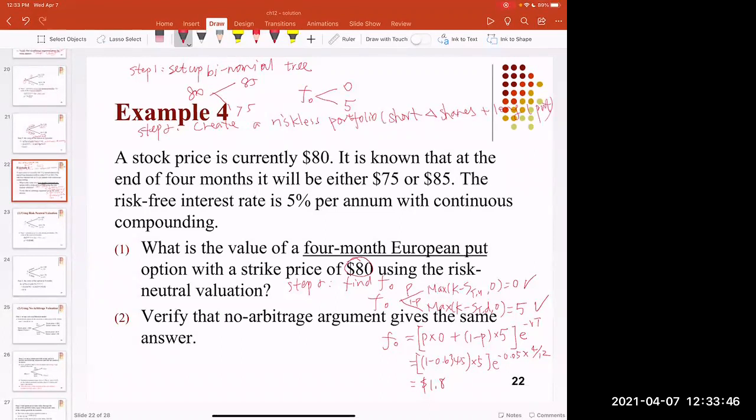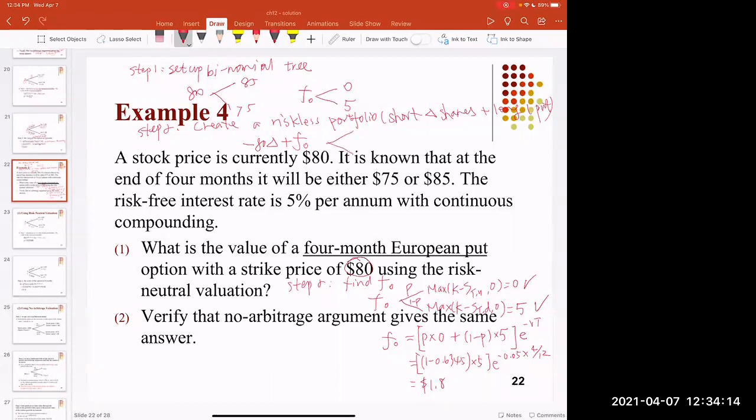Yes. So to set this up, we can create the value for the portfolio in the binomial tree. We short delta shares, so negative, and we know the stock price today is 80, so 80 delta for the stock, and the one put today, which is F0. So this is the binomial tree for the portfolio at time 0.